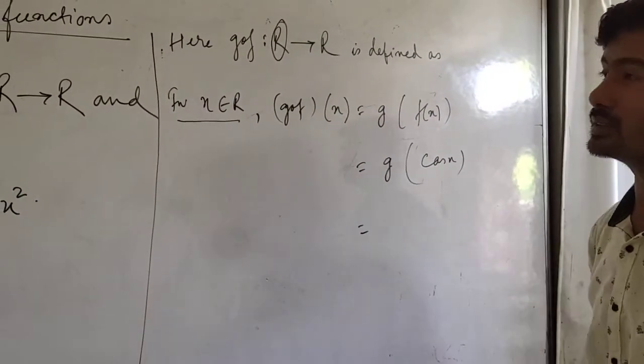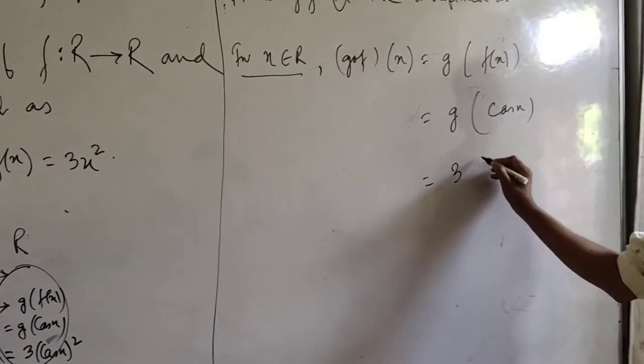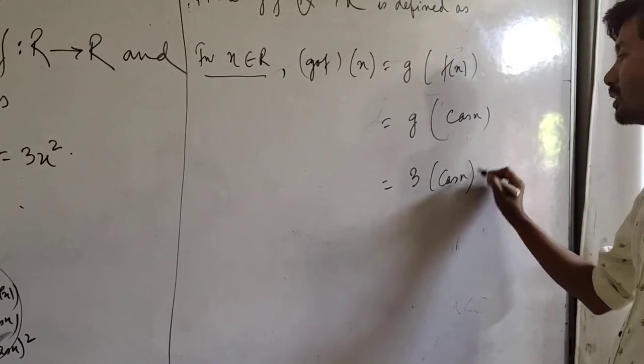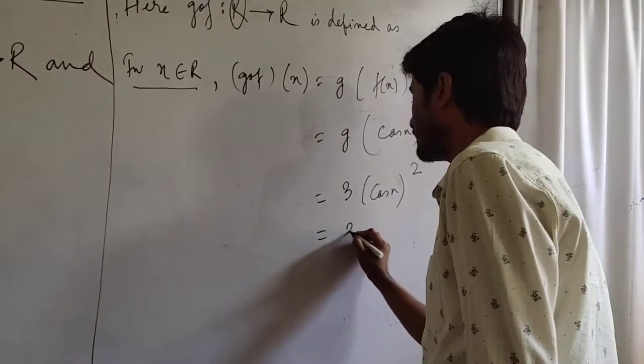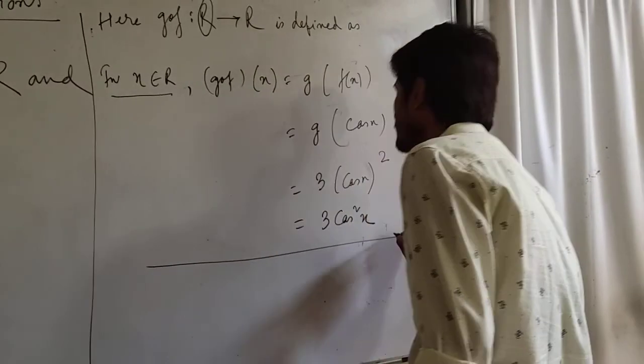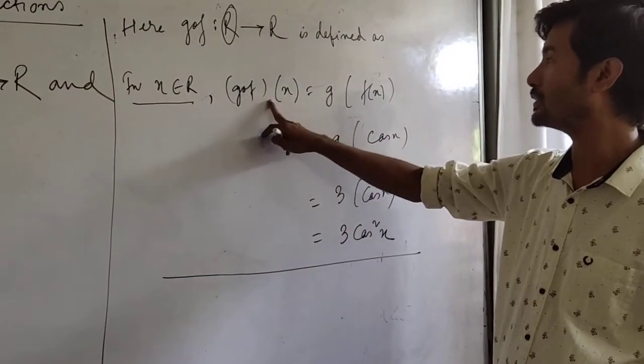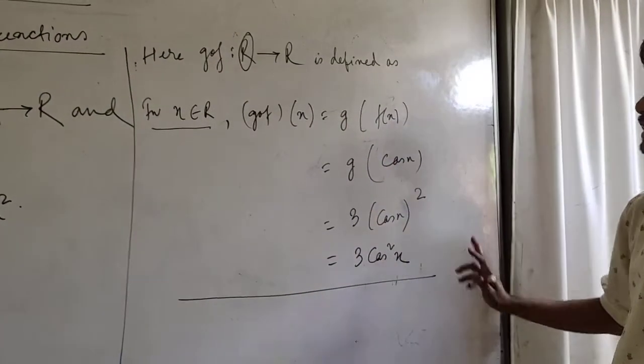And since the definition of g is g(x) equal to 3x square, this will be equal to 3 into (cos x) whole square, equal to 3 cos square x. So this is how we can have g∘f. The definition is (g∘f)(x) equal to 3 cos square x.